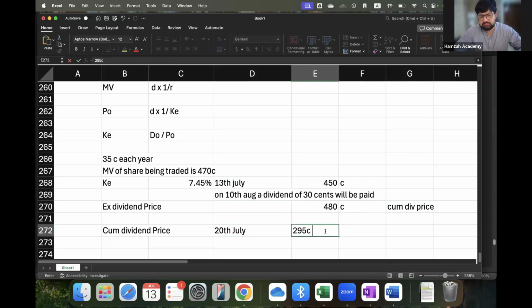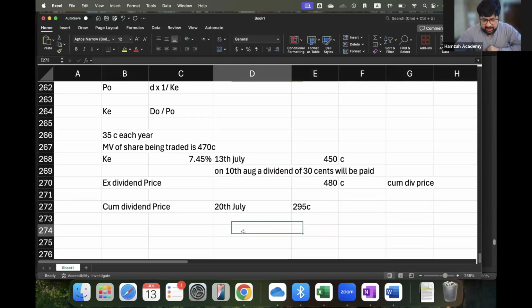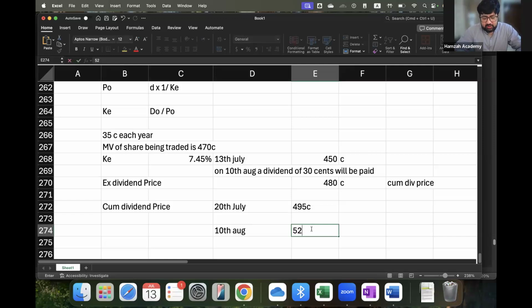Until 10th August morning, the share is being traded at 520 cents.